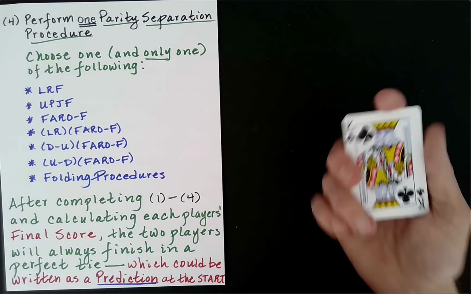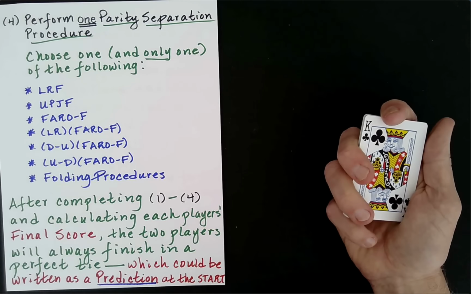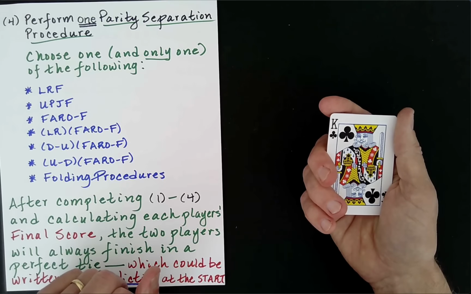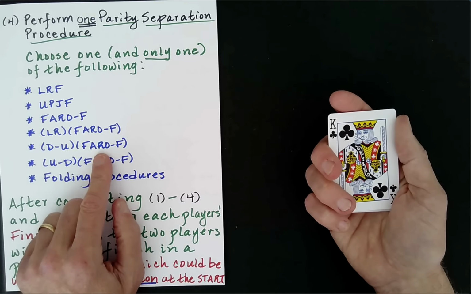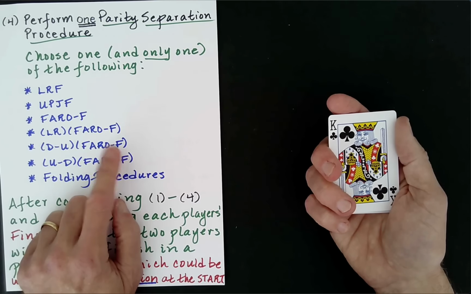Okay, but you can't stop there, right? You can't stop there. So you're going to have to follow it up with something, okay? So here we will need to follow it up with a ferro, right here, this one.